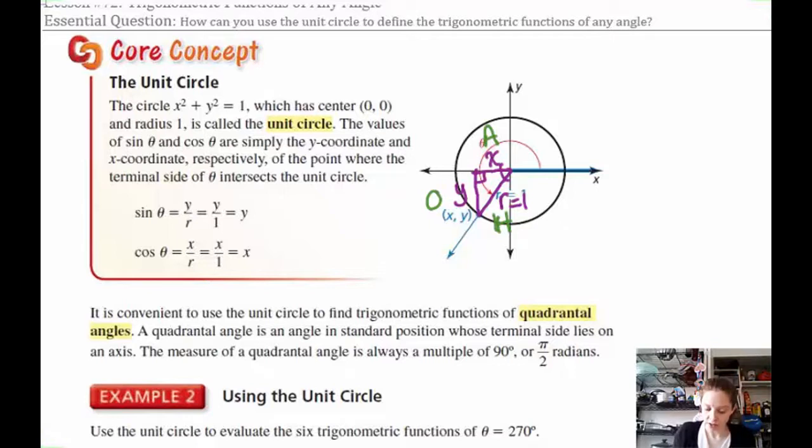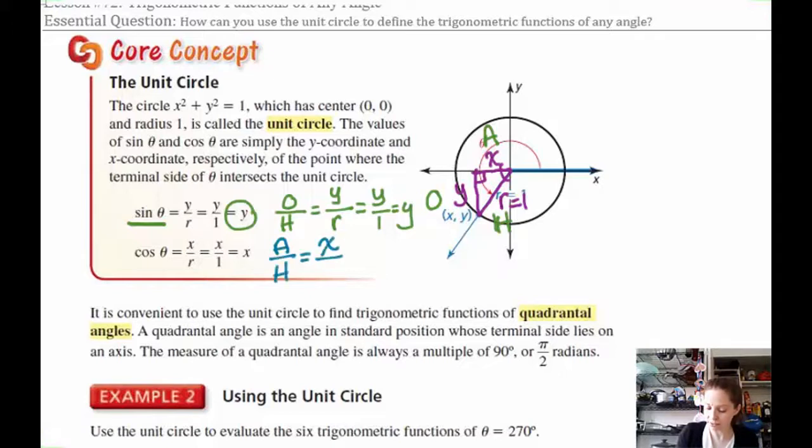Okay, so let's go through. They said the sine of theta. Sine is always opposite over hypotenuse. Opposite is y, hypotenuse is r. But r in a unit circle is always 1, so this is y over 1 equals y. So the sine of theta is simply y. You can see the same thing with the cosine. Cosine is adjacent over hypotenuse.